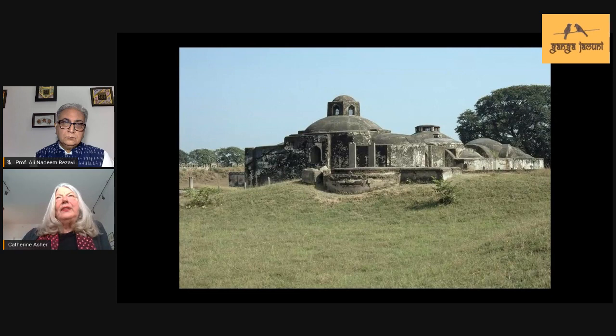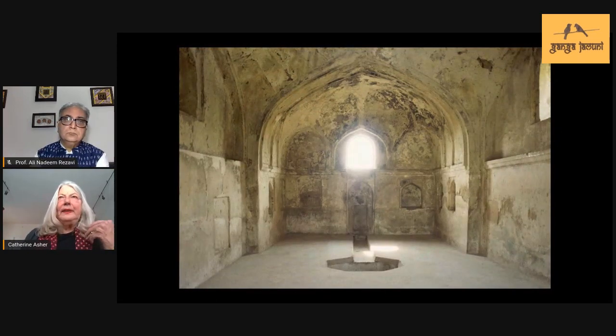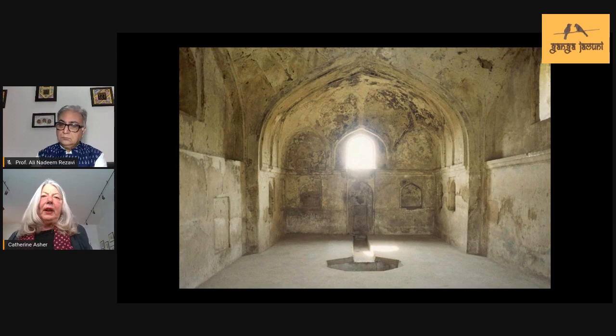And this would have been for the governor's use and his retinue, since it was inside the fort. Just to give you an idea of what they look like, since maybe not all of you have seen these kinds of structures.